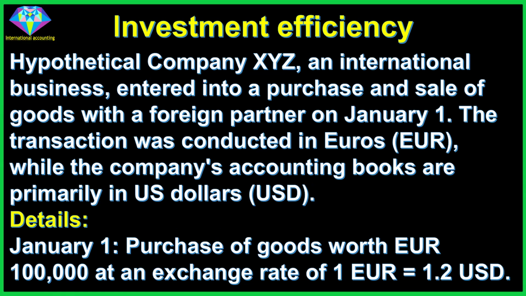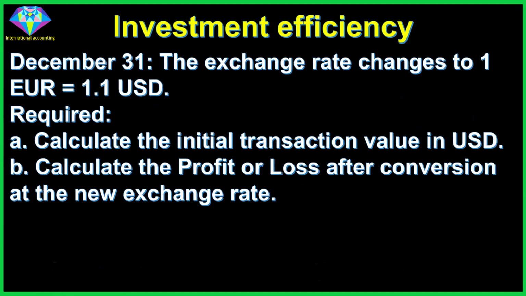Details: January 1, purchase of goods worth 100,000 euros at an exchange rate of €1 equals 1 United States dollar and 20 cents. December 31, the exchange rate changes to €1 equals 1 United States dollar and 10 cents. Required. A. Calculate the initial transaction value in USD. B. Calculate the profit or loss after conversion at the new exchange rate.